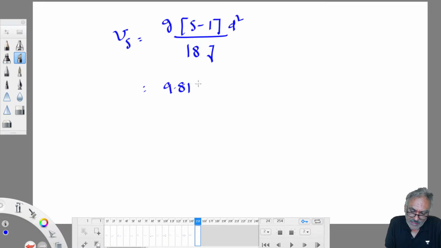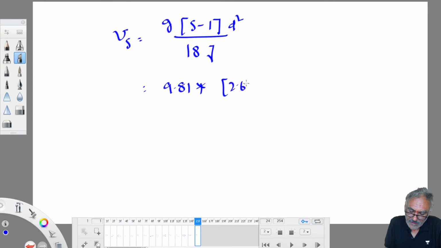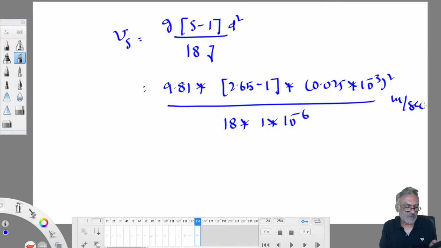So 9.81 into specific gravity 2.65 minus 1 into 0.025 mm converted into meters square by 18 nu. So straight we will get answer in meters per second. If you know Vs, then automatically you will get Vh using that 100% removal condition.